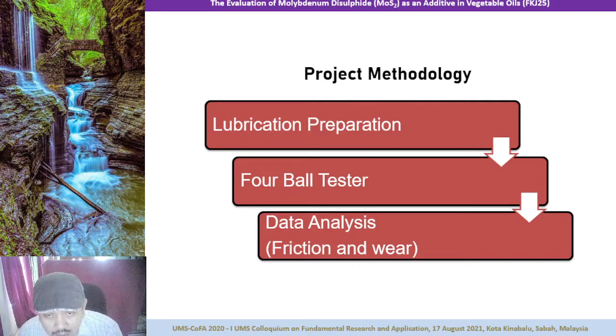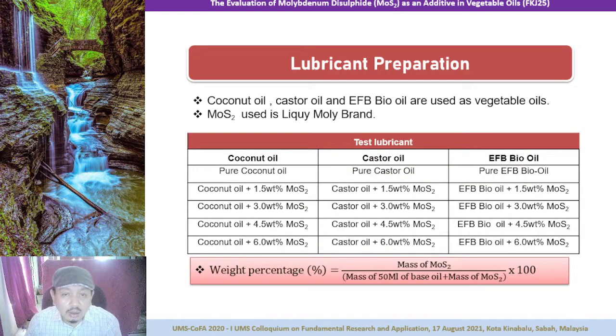So the methodology is we have to prepare the lubricant in five specimens for each oil, and then we apply it in the 4-ball tester, and then we interpret the results for data analysis. For lubricant preparation, we have 3 oils: coconut oil, castor oil, and EFB.